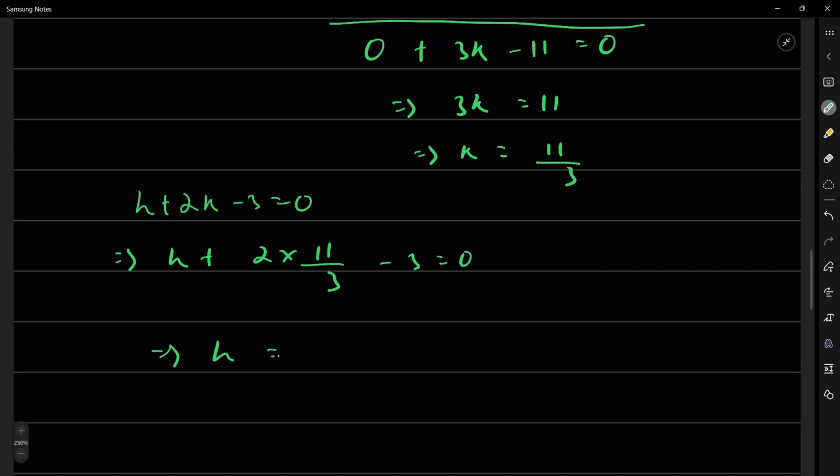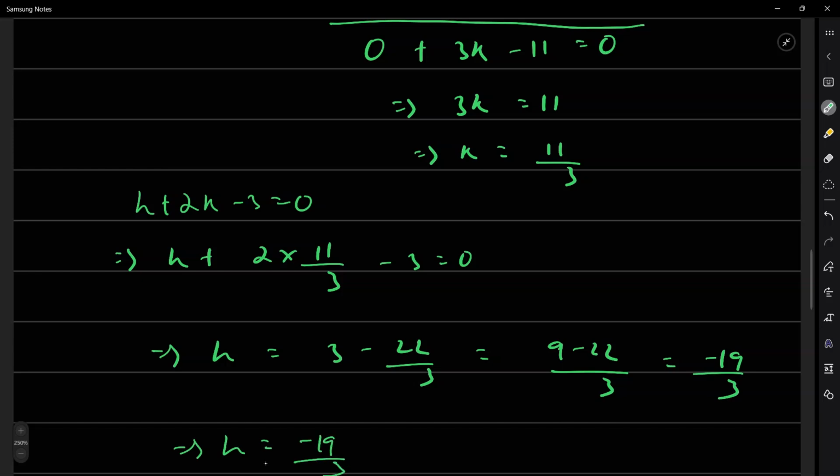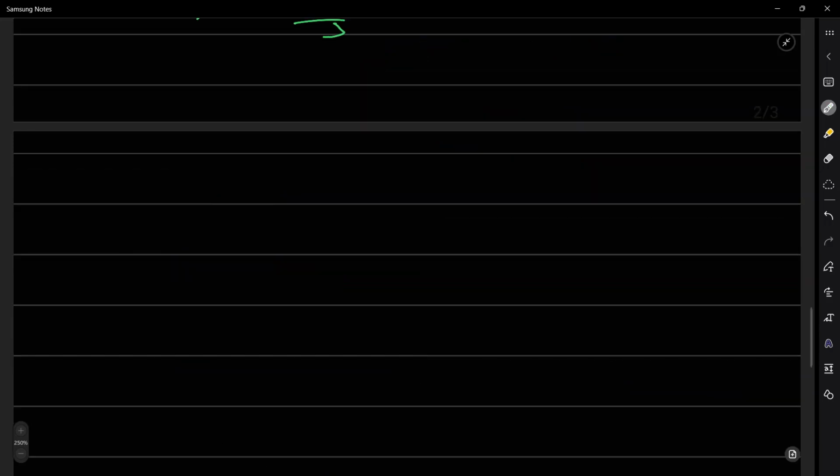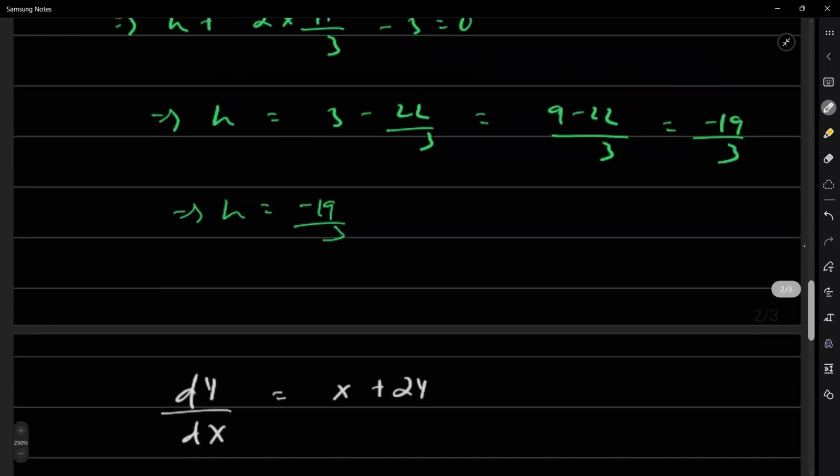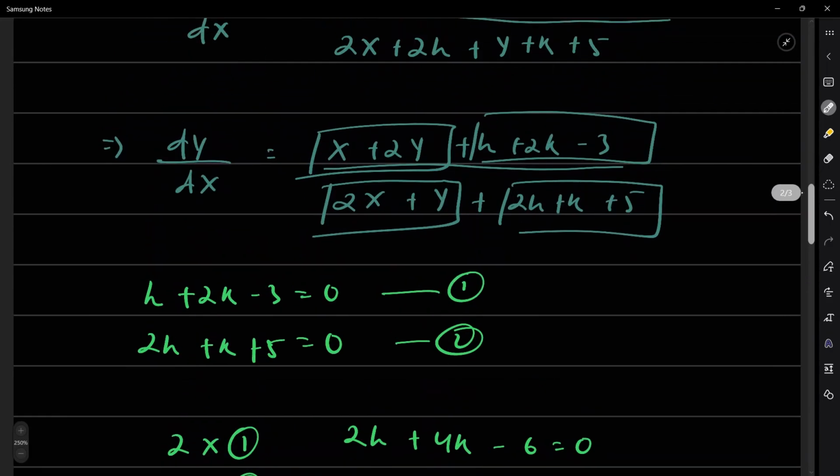So upon solving, we will get the h value as minus 19 by 3. So the differential equation reduces to dy by dx equals x plus 2y divided by 2x plus y.